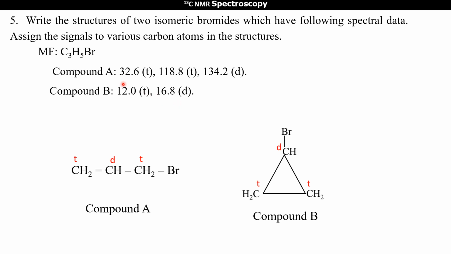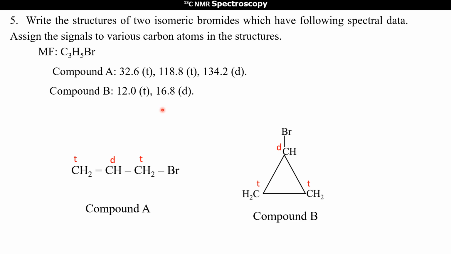Then the solution. When we calculate the sites of unsaturation for the molecular formula C3H5Br, there is one site of unsaturation, and one site of unsaturation indicates that there should be the presence of either a double bond or a ring.